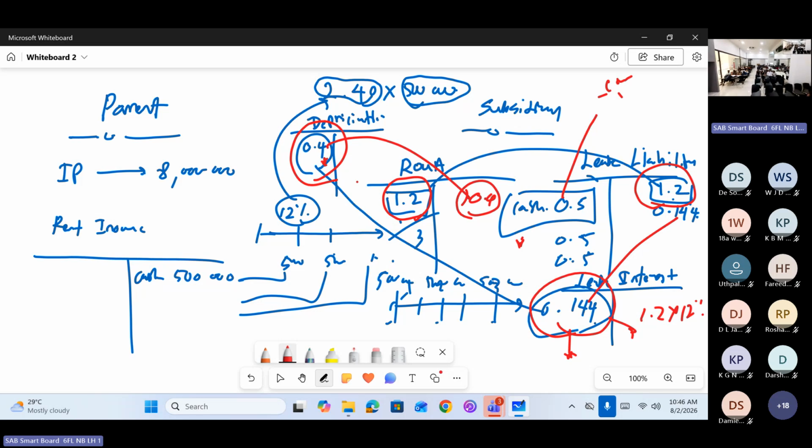Your lease liability debit, credit to ROU asset. You set off lease liability versus ROUA.